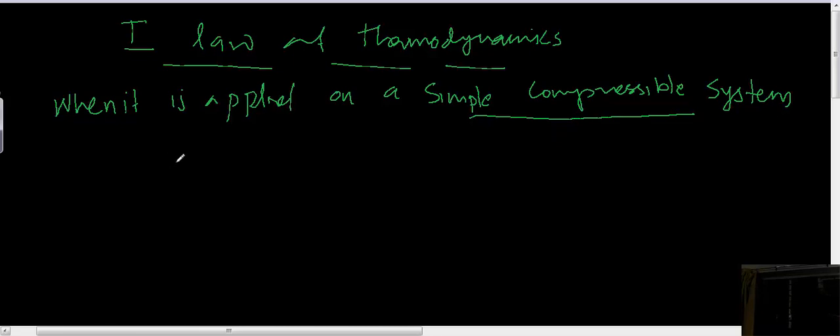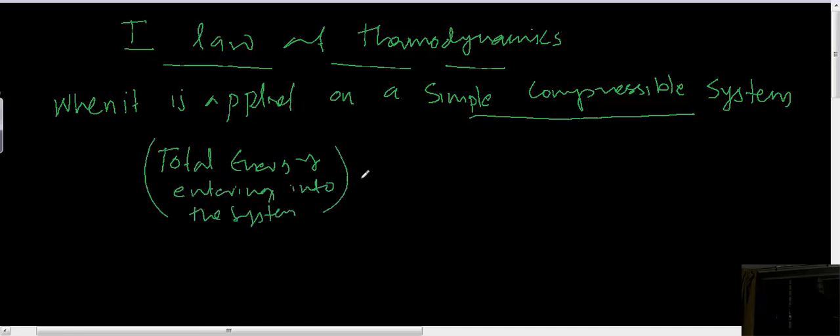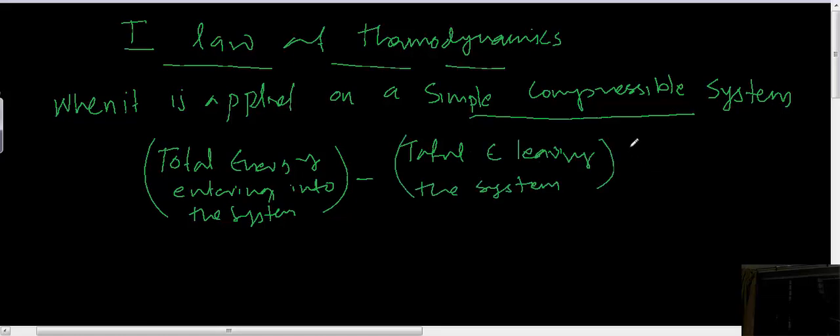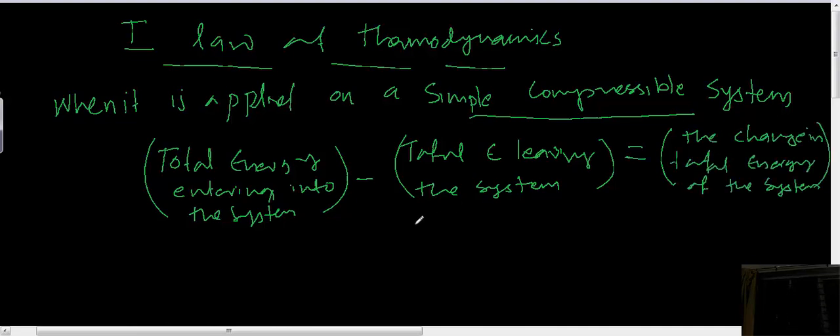And when we apply that, the first law is written: the total energy entering into the system minus total energy leaving the system is equal to the change in total energy of the system. With a simple example, I will make you understand that.